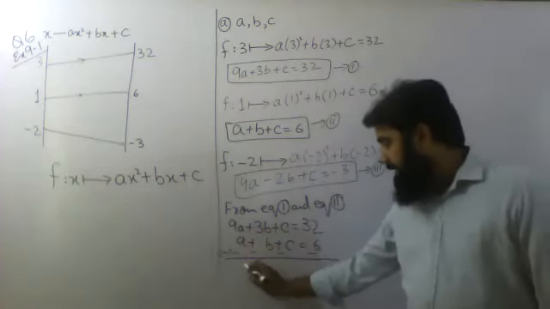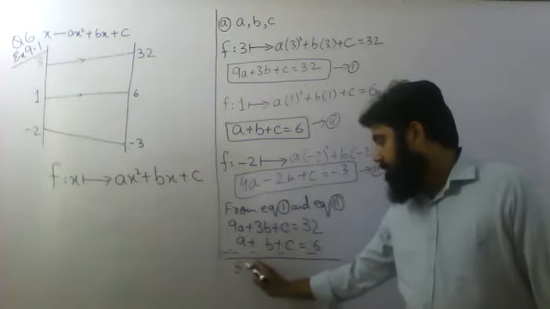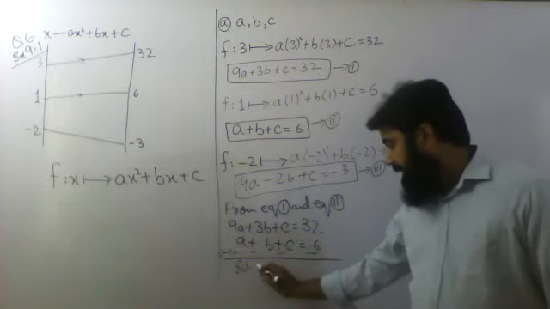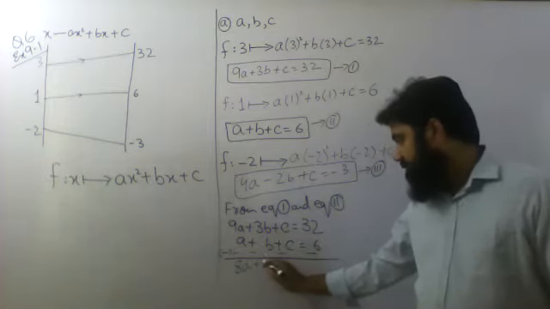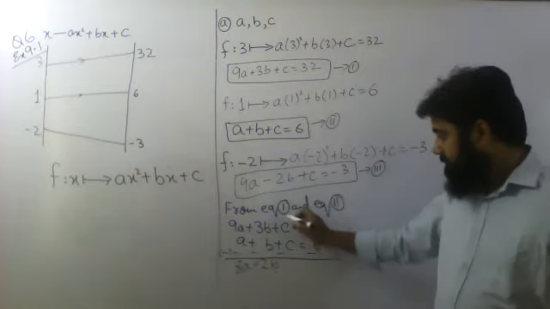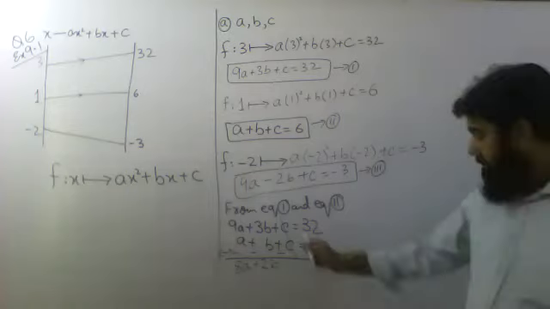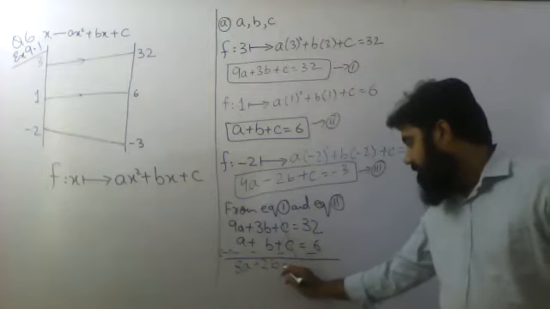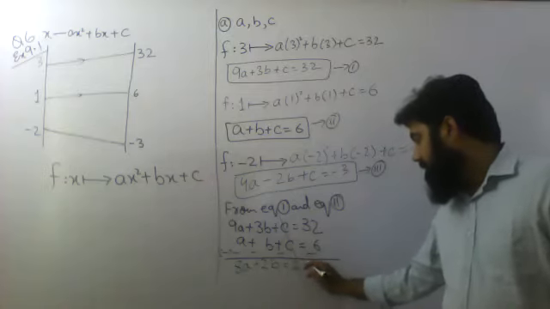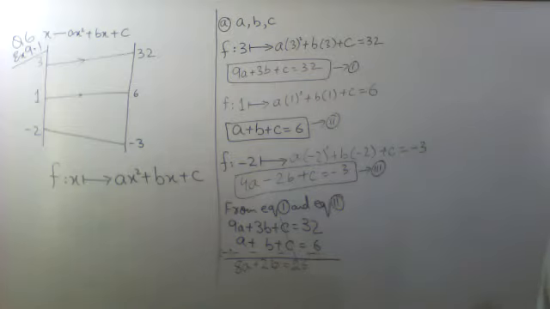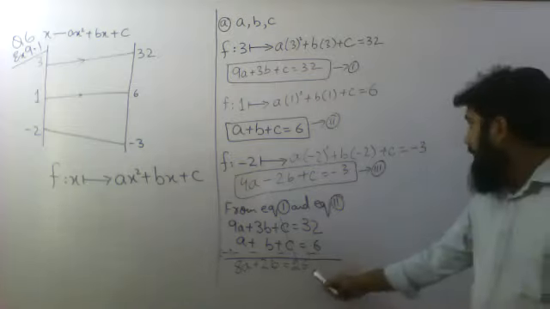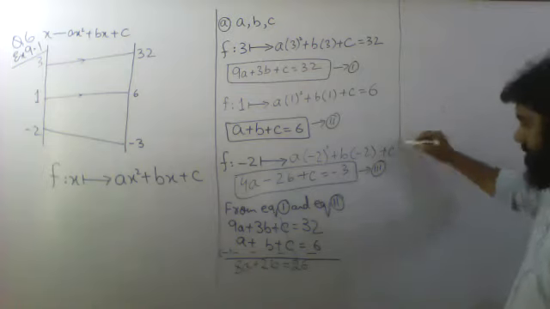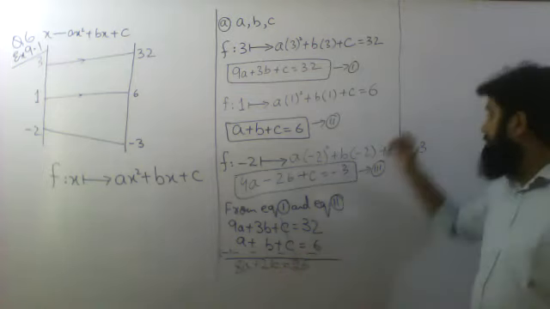So 9a minus a will become 8a. 3b minus b will become 2b. The c will be cancelled. 32 minus 6, the result will be 26. I'm simplifying it over here. So 8a plus 2b equals 26.